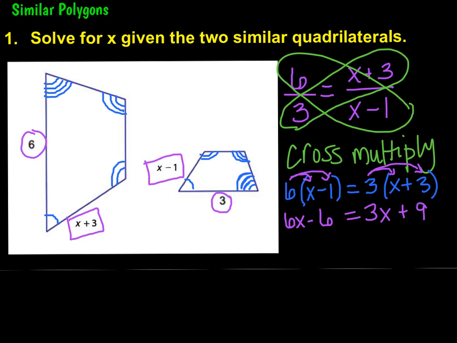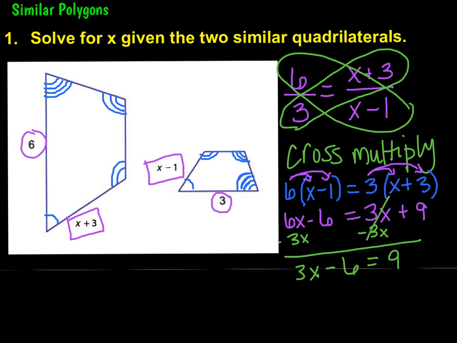Now we need to get our variables to one side. So subtract 3x from both sides. And we end up with 3x minus 6 equals 9.